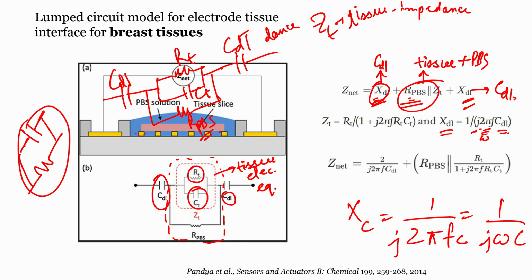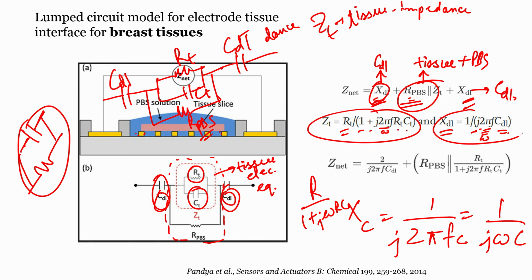One is electrode tissue impedance, which is CDL here, and there is tissue impedance, which can be given by RT, since these two are in parallel. So once you have a parallel RC combination, what will it be? It will be R over 1 plus j omega RC. This is what is written here, R over 1 plus j 2 pi f RC, where 2 pi f is omega. This expression is clear.